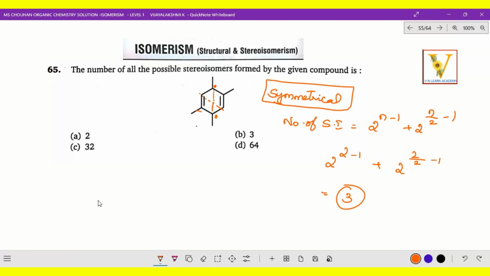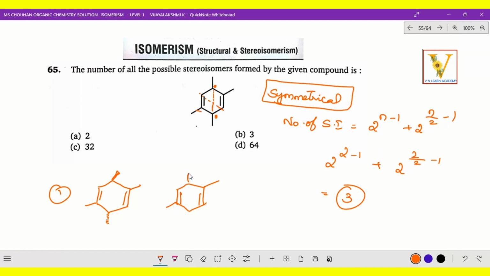So how do we identify that 3 isomers are possible? So this is one isomer. Now I just draw this picture so that you will come to know. So this side and here one and the opposite side. So this one side is wedge and the other side is dash. So this is one isomer, and the second isomer, this is the same, here one and here one.